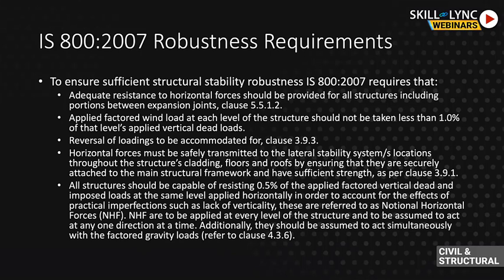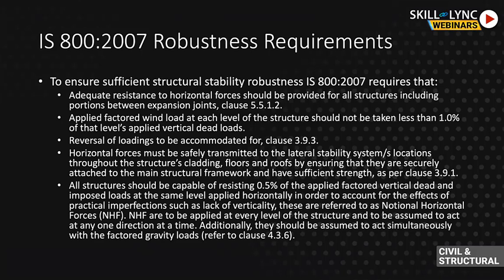Horizontal forces must be safely transmitted to the lateral stability system locations throughout the structure's cladding, floors, and roofs, by ensuring that they are securely attached to the main structure framework and have sufficient strength. So basically, these are things such as your cladding panels, glass panels need to be properly attached to the structural skeleton to make sure that the wind pressure acting on the cladding will be safely transmitted to the structural framework.